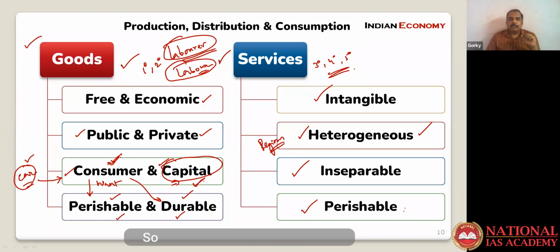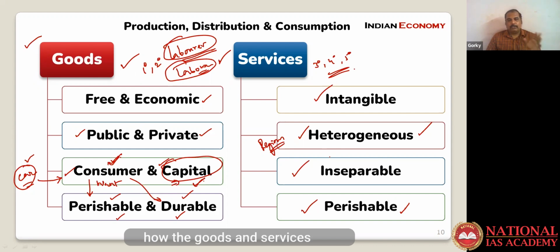Understood? A software can be perishable. How? Within a particular time, it may work. After that, it may not work. The service ends, so you need to pay again. Internet service is perishable. How? Only when you pay for that time, it will be available. After that, it will perish, and then again you pay and consume. So this is the nature of services that we have. Understood?